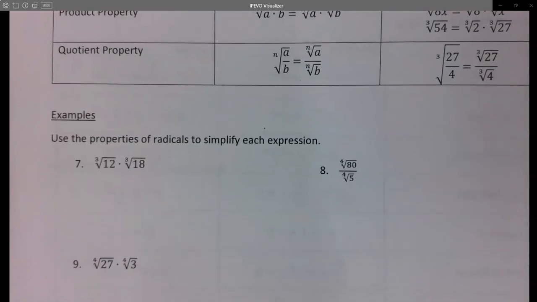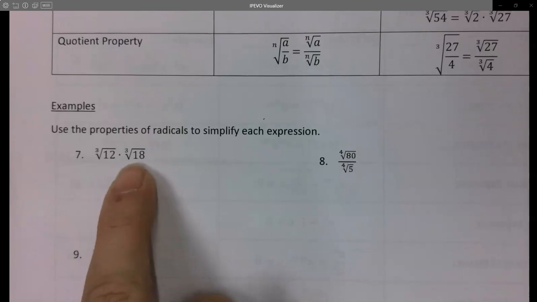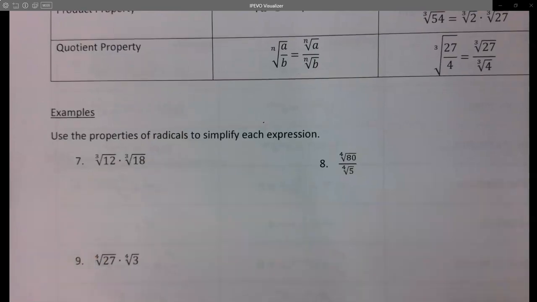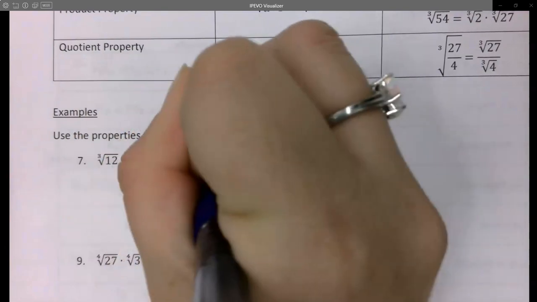Number 7 has two of the same index. So what I'm going to do is rewrite this under one giant radical. And I'm going to have 12 times 18 there.